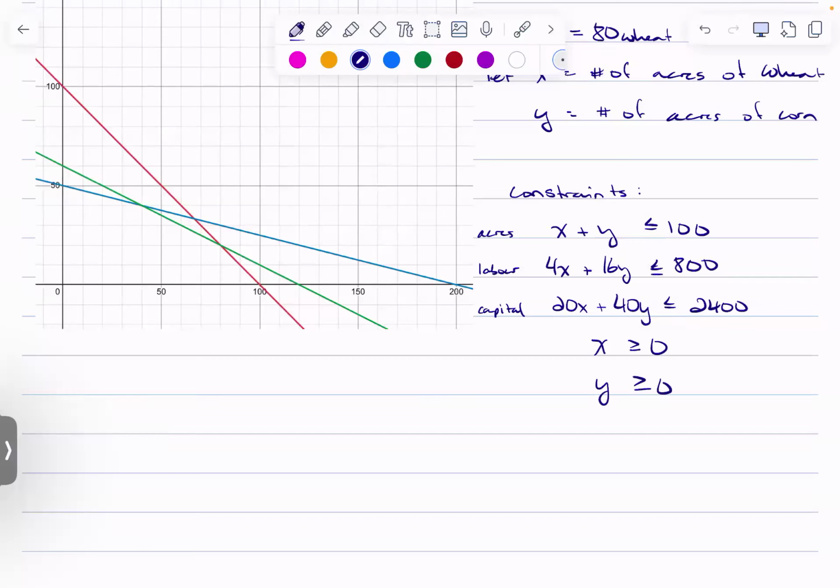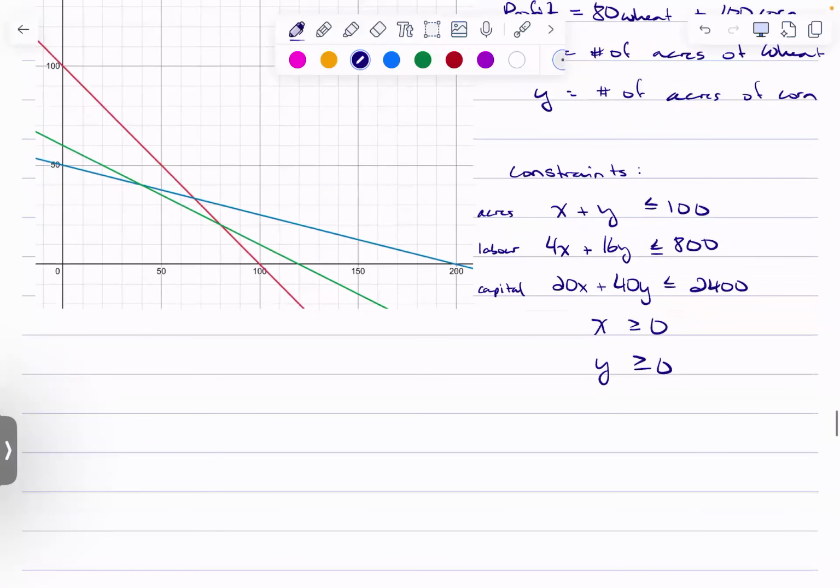If you forget to write those, that's totally fine. It's kind of implied. I won't take marks off. So that means we're going to be below each of these lines. But I still need to find the intersections, so I need to figure out which line is which.